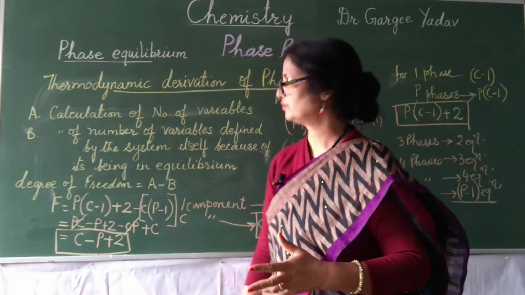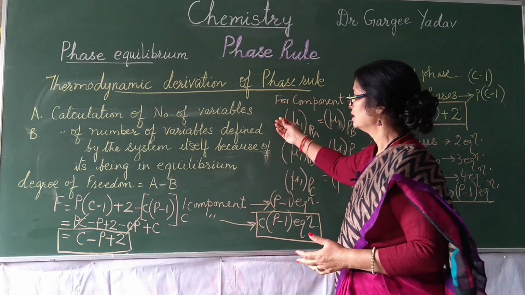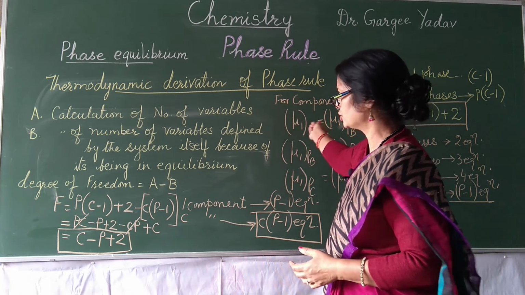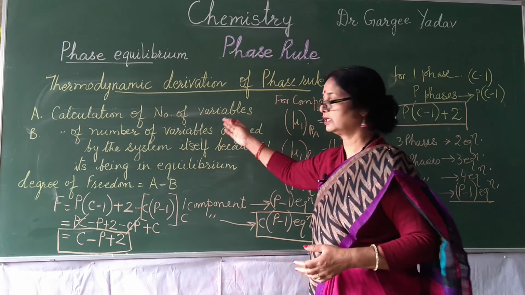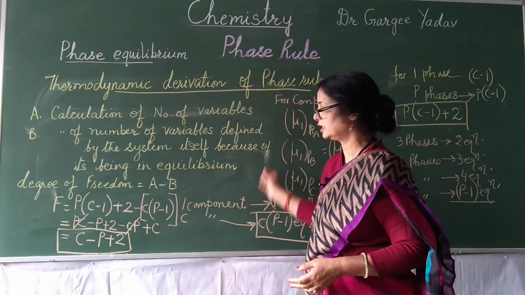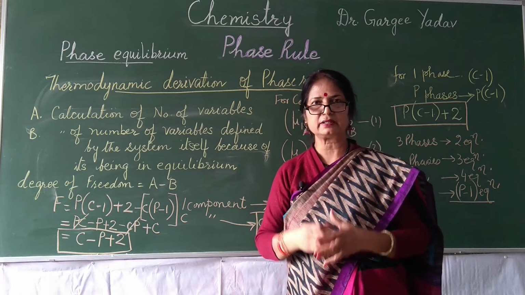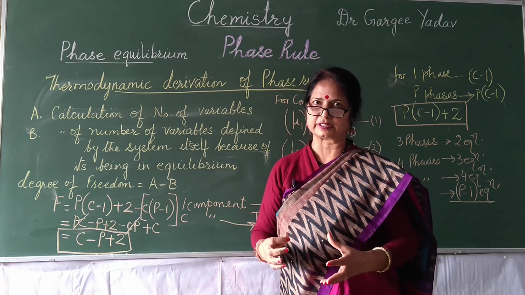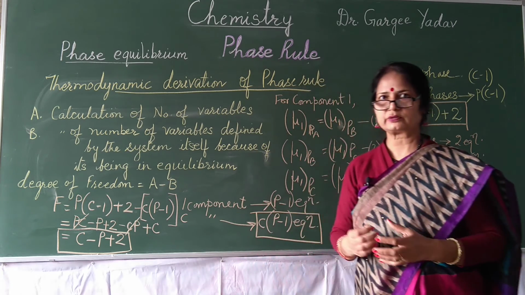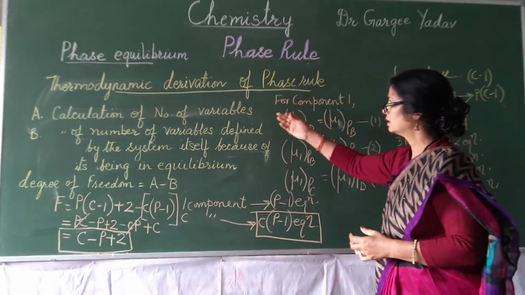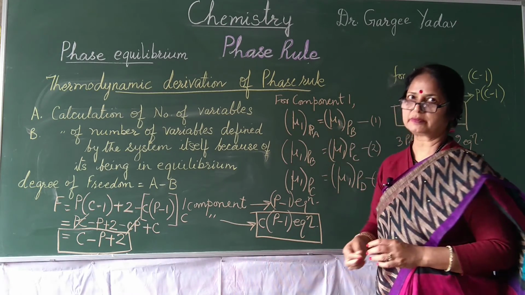Let me summarize it once again. For the thermodynamic derivation of the phase rule, we need to have the number of variables and the number of variables which are defined by the system itself. We will calculate both of them, and the degree of freedom is given by their difference. So first of all, let us calculate the total number of variables in the system.